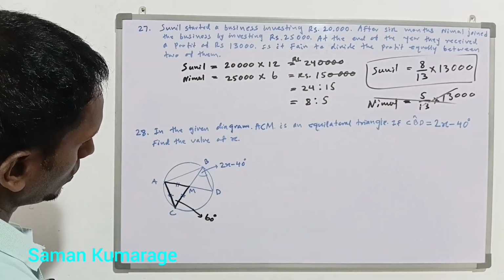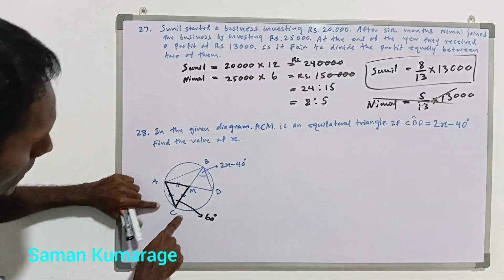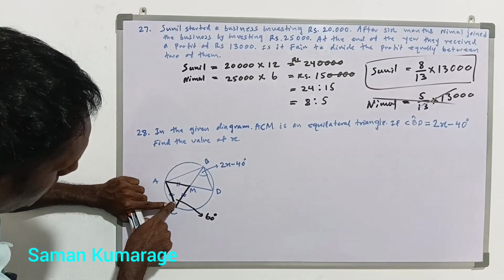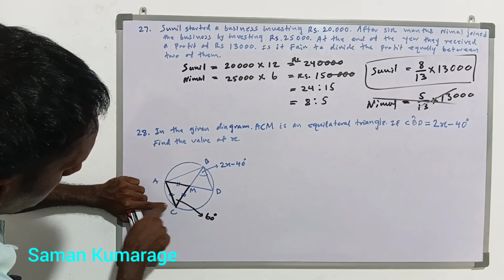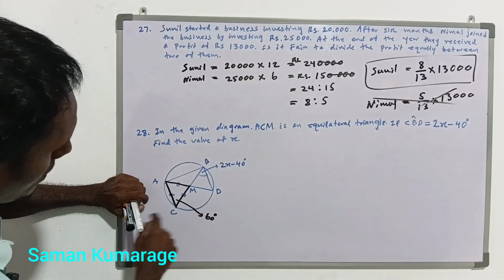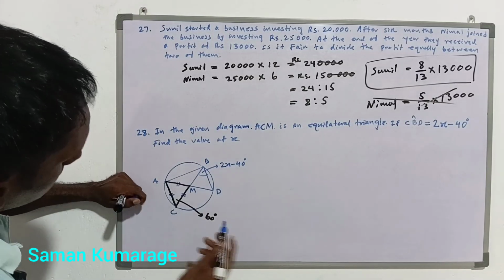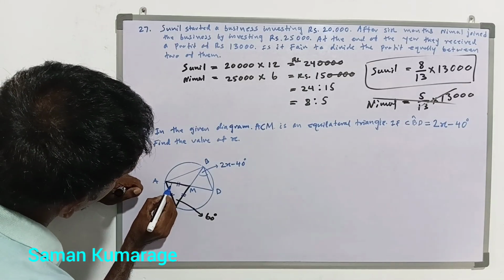Now let's see how to work it out. If this triangle is 60 degrees, this triangle is also 60 degrees.